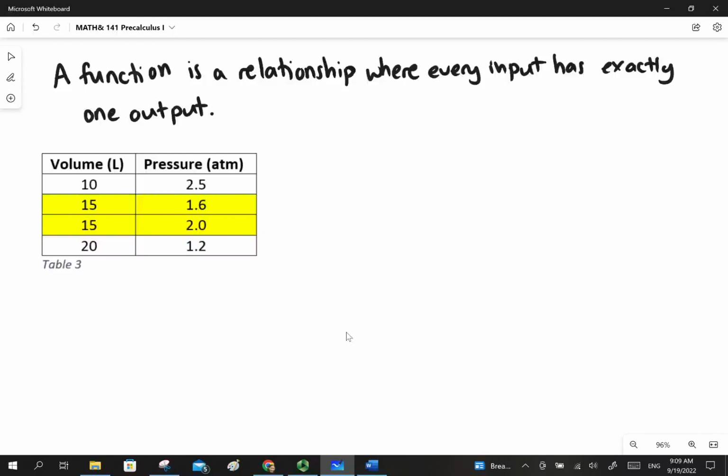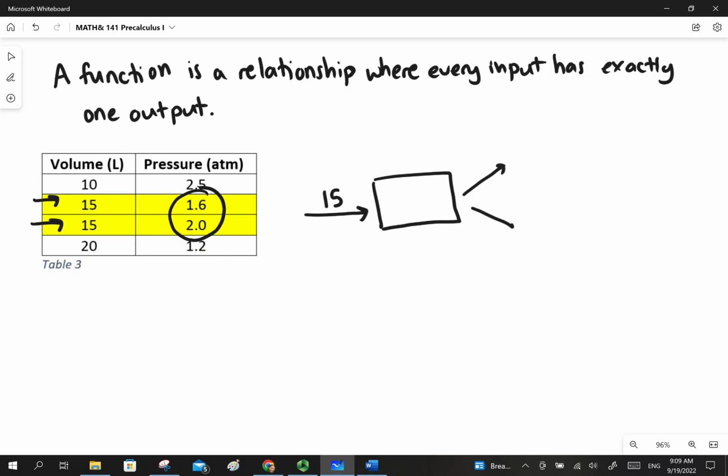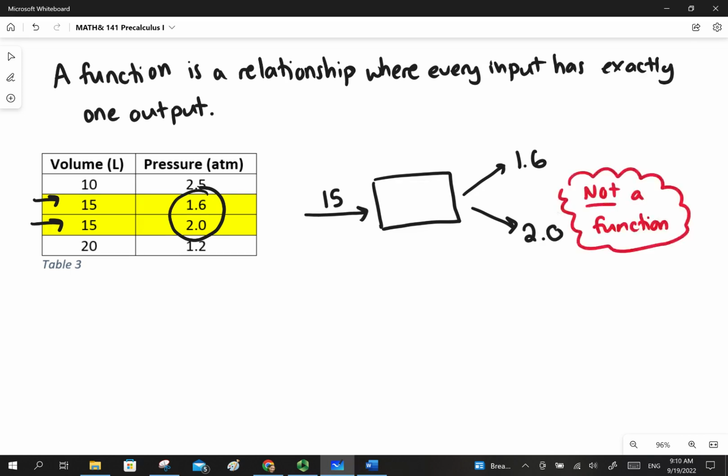In Table 3, there are two rows with 15 in the first column, meaning two rows corresponding to the same input, 15. The entries in the second column are different, 1.6 and 2.0. So this table would indicate that the input, 15, has two different outputs, 1.6 and 2.0. So it isn't a function.